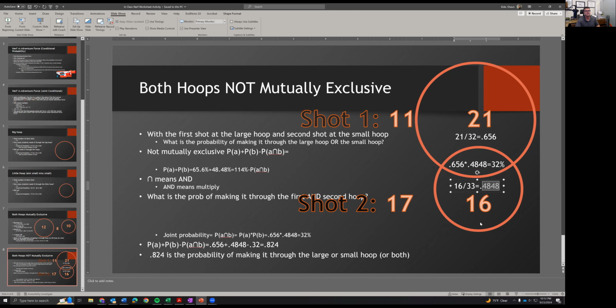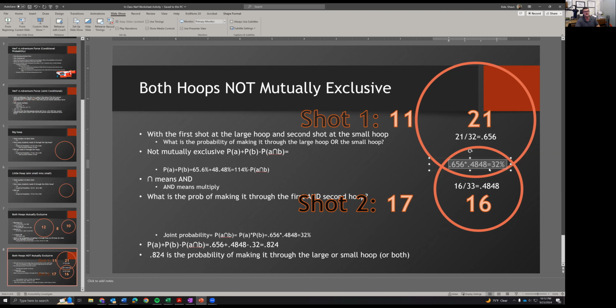You add those together, and there's this overlap area where it's being counted twice. It counts once as part of the big circle, once as part of the little circle, but you should only count it once. So we need to subtract it once so that it's not counted twice. So we do the probability of A plus the probability of B minus the joint probability of being in this middle section of A and B.